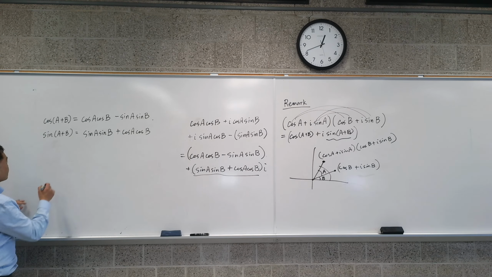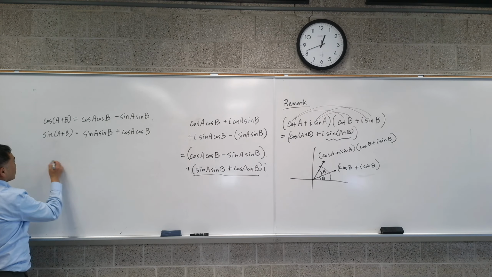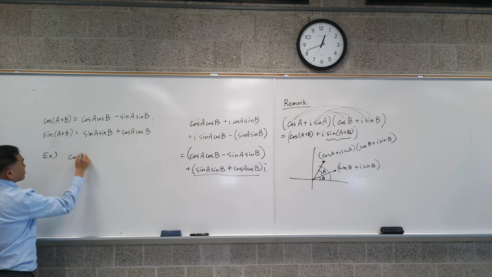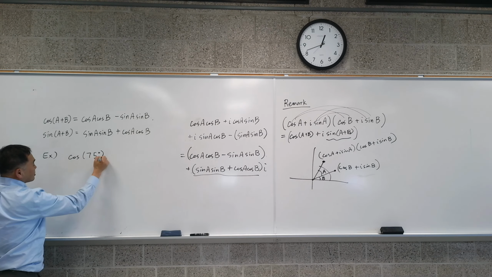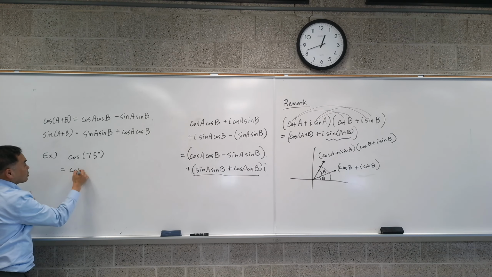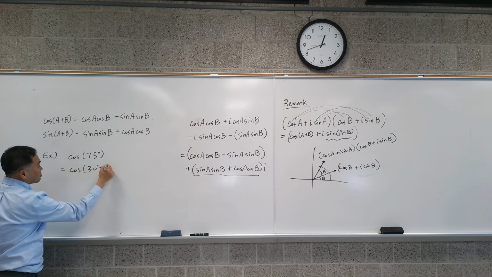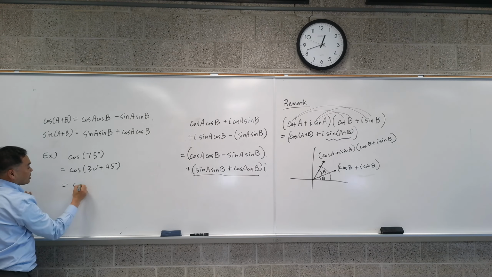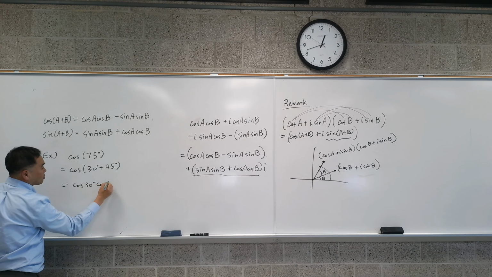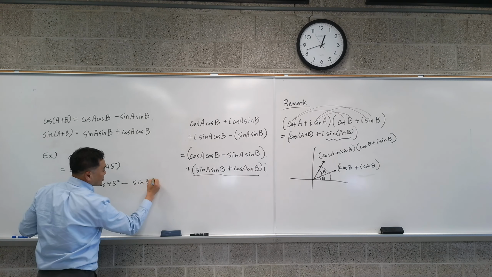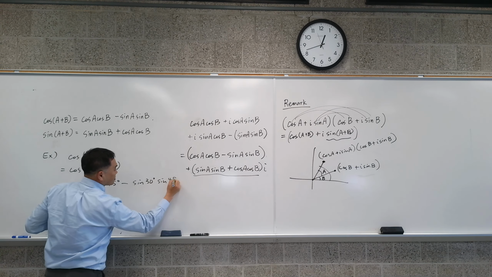So, as an example, if you wanted to know cosine of 75 degrees as an exact value, then you can think of this as cosine of 30 degrees plus 45 degrees. And according to that formula, it's cosine 30 degrees times cosine 45 degrees minus sine 30 degrees sine 45 degrees.